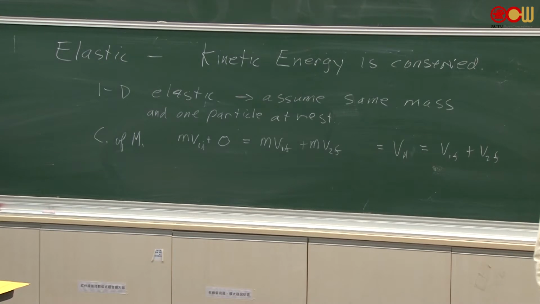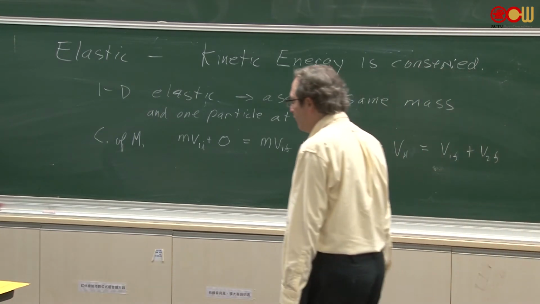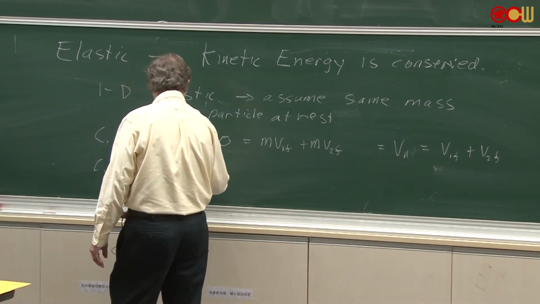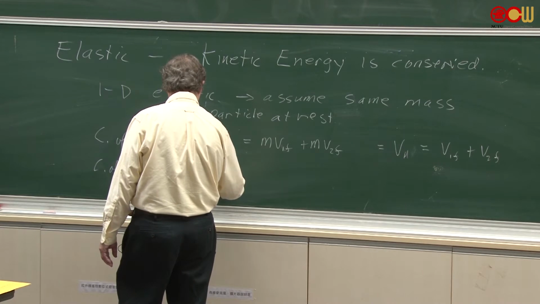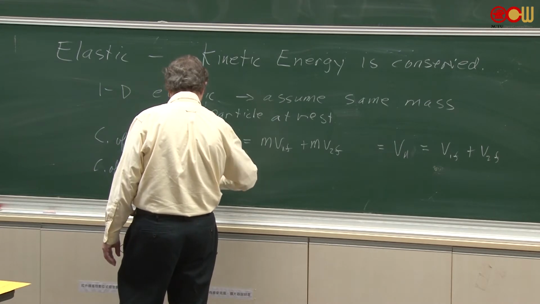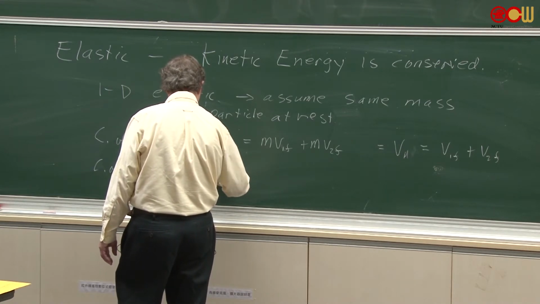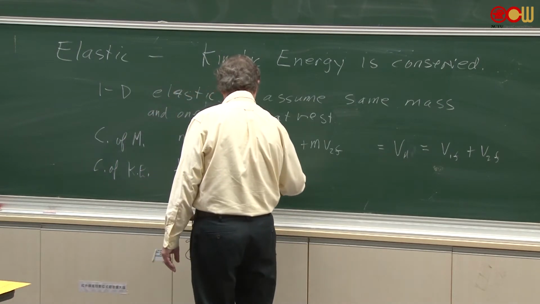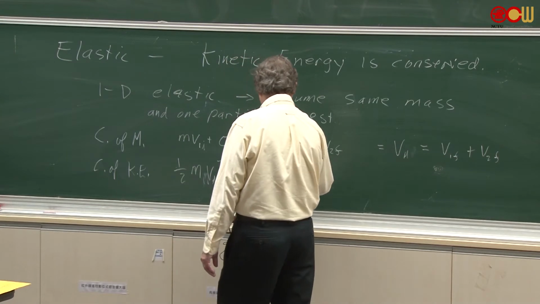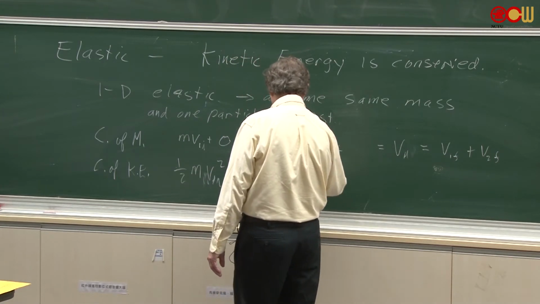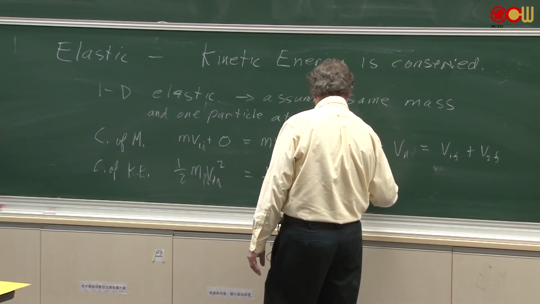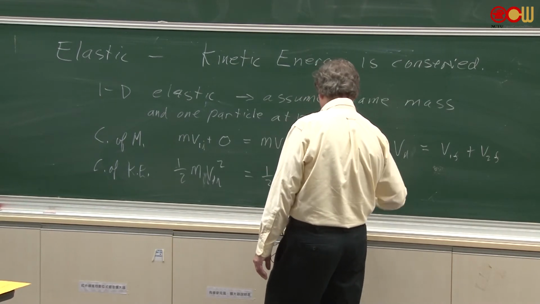Now I'm going to write down conservation of kinetic energy for an elastic collision. So I have 1/2 m v1 initial squared equals 1/2 m v1 final squared plus 1/2 m v2 final squared.